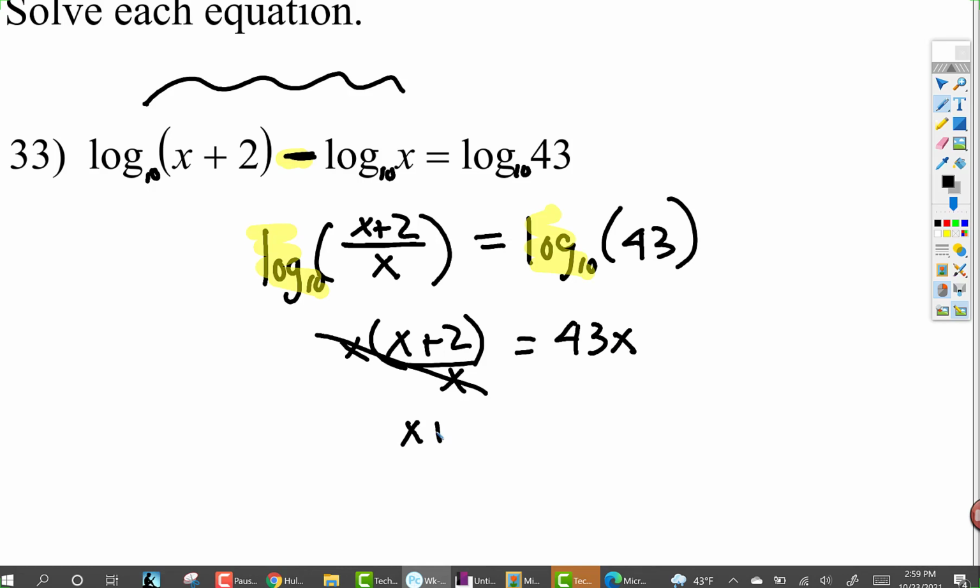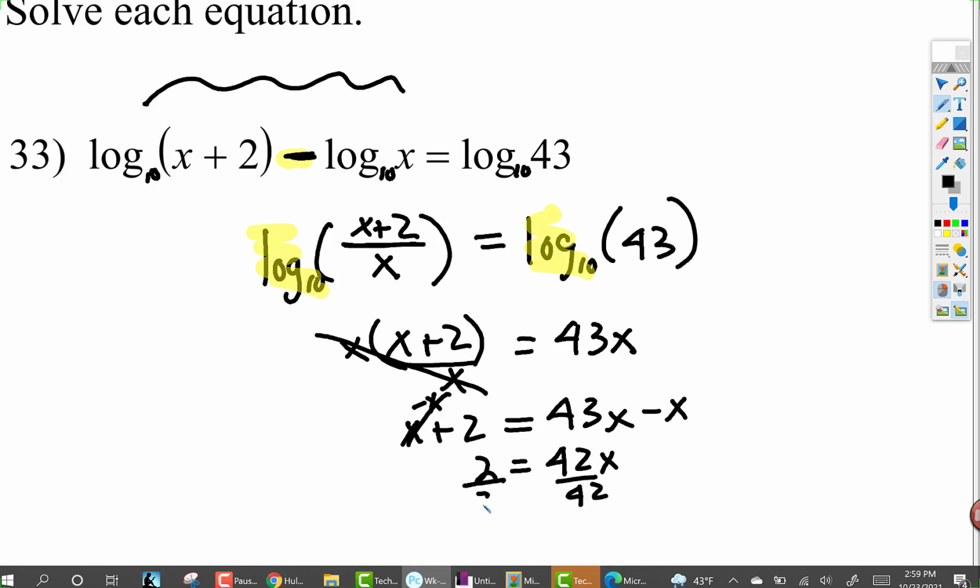Now we have x plus 2 is equal to 43x. I will subtract an x. 2 is equal to 42x, and then divide both sides by 42. Well, 2 and 42 have a 2 in common, so 1 over 21 is equal to x.